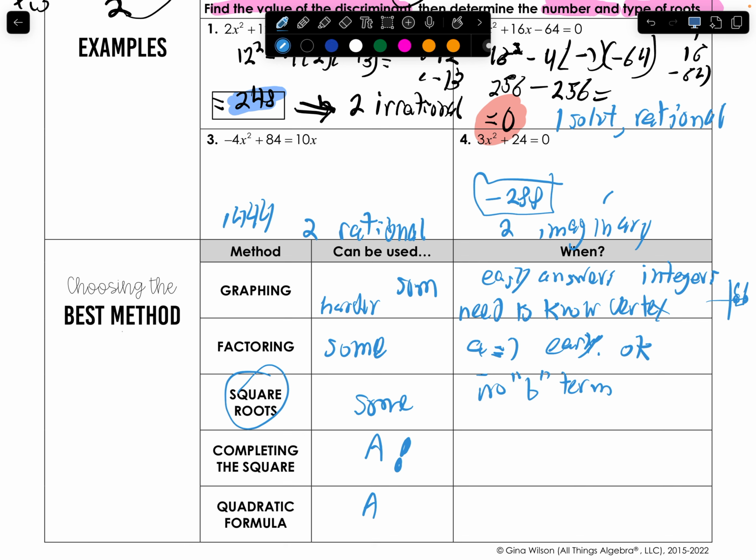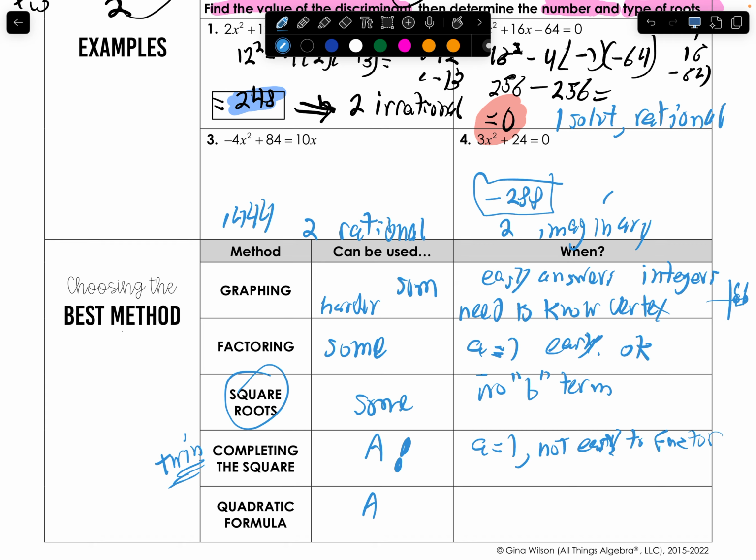Okay, completing the square. That's the one where you get the twin. You need to know how to do that. And completing the square was a real pain in the butt when a was greater than 1. So if a is equal to 1 and not easy to factor, you could complete the square.